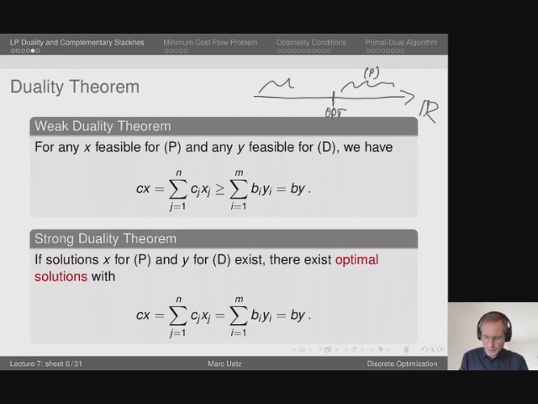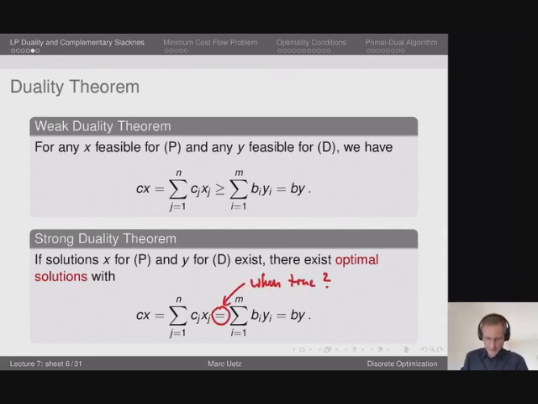And I have all the objective function values of the dual solutions here. So here primal, here dual solutions. Then there also exists a primal optimal solution and a dual optimal solution with the same objective function value. So that's the equality here. Now I need one more thing before we can continue with a minimum cost flow problem.